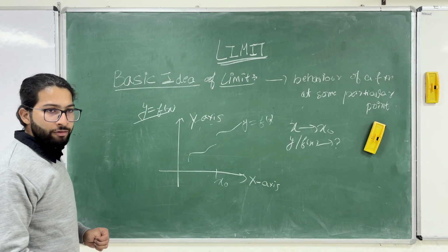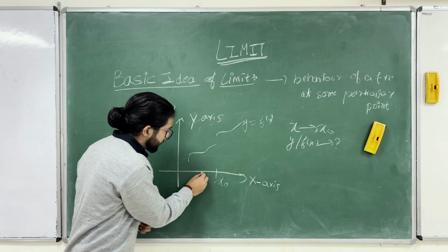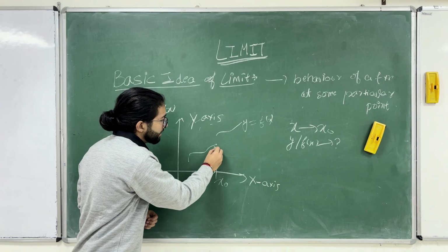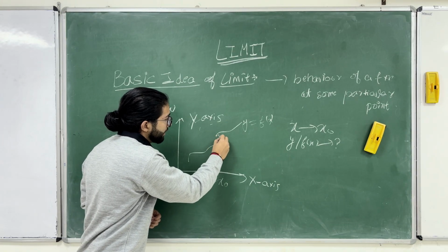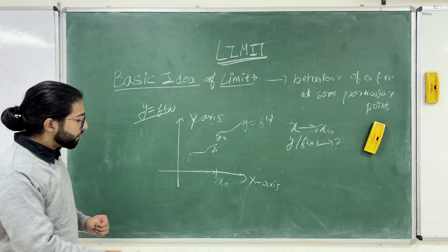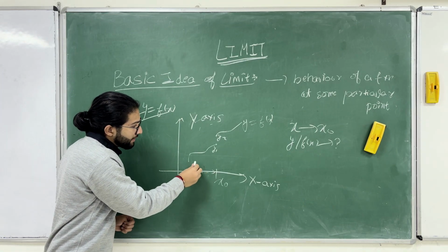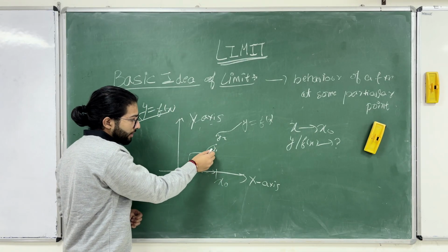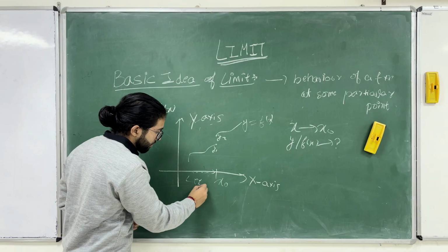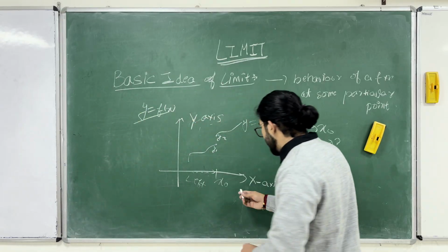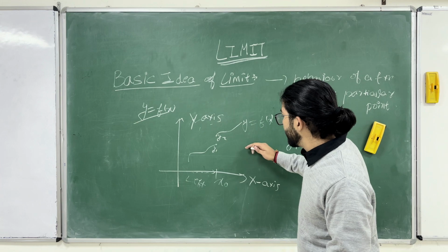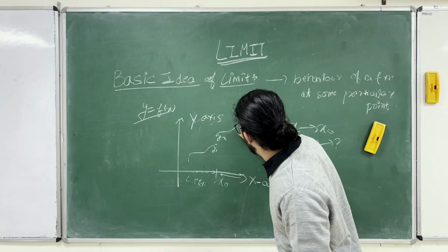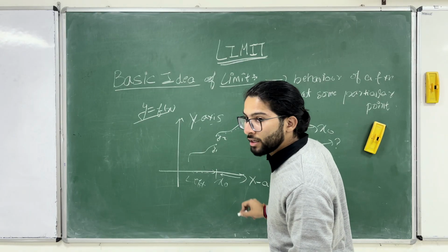Let us say this point is y1 and this point is y2. When our x is going towards x naught from the left, our function y is equal to f(x) is going towards y1. If we look at the same graph from the right hand side, when x is going towards x naught, y is going towards y2.